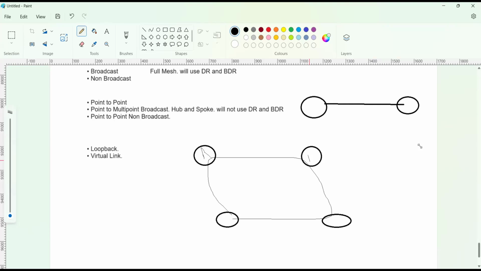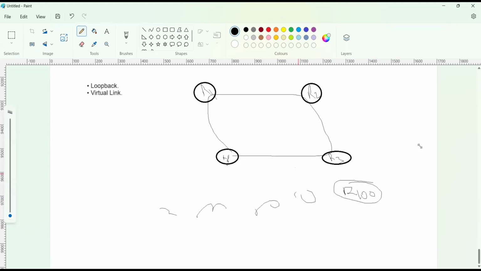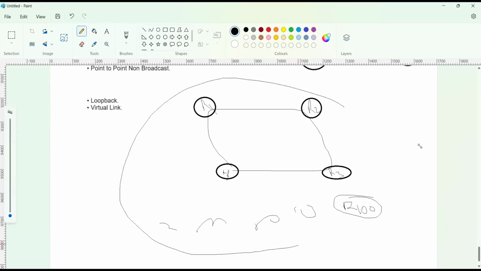What is the requirement of DR BDR election? To reduce LSA flooding. If we have hundreds of routers, say up to R100, and each router has 10 prefixes, that is 100 into 100 routes, so many LSA floodings will be originated.